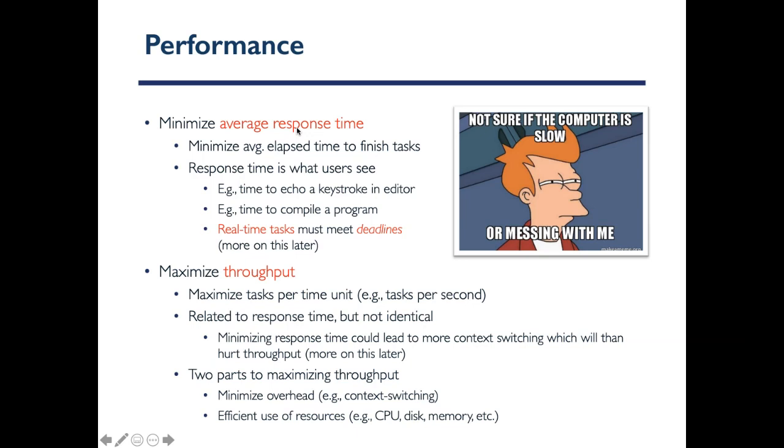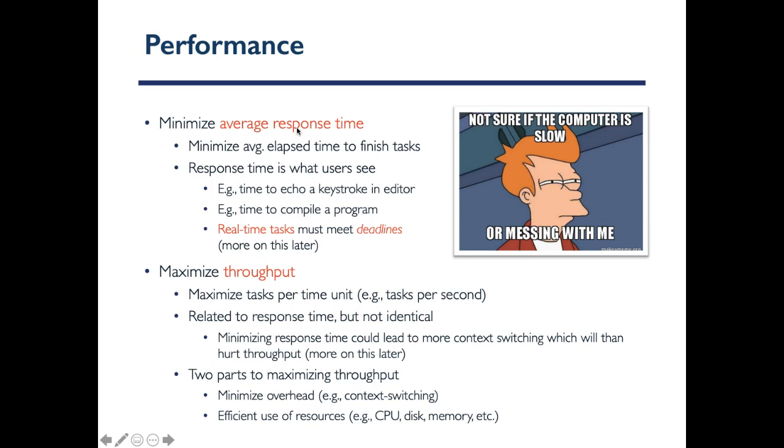Now, throughput is related to average response time, but they're not identical. There are cases where minimizing response time could lead to more context switching, which in turn would hurt throughput. Context switching is one overhead that you face when you're talking about scheduling. When you decide that it's somebody else's turn, you have to context switch, and context switching takes time.